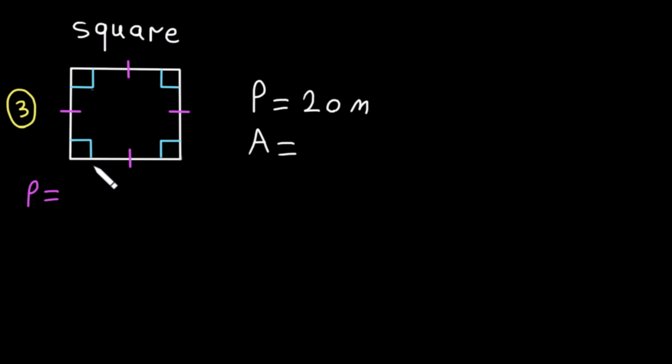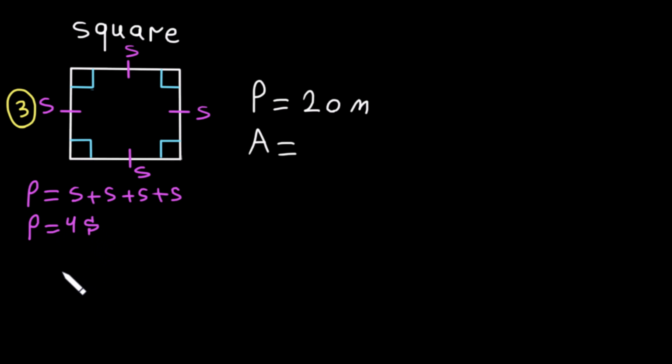Let's say the length of this side is S, and here it will be S, here S, and here S. The perimeter is the total length of all its sides, meaning S plus S plus S plus S. So P equals 4S.